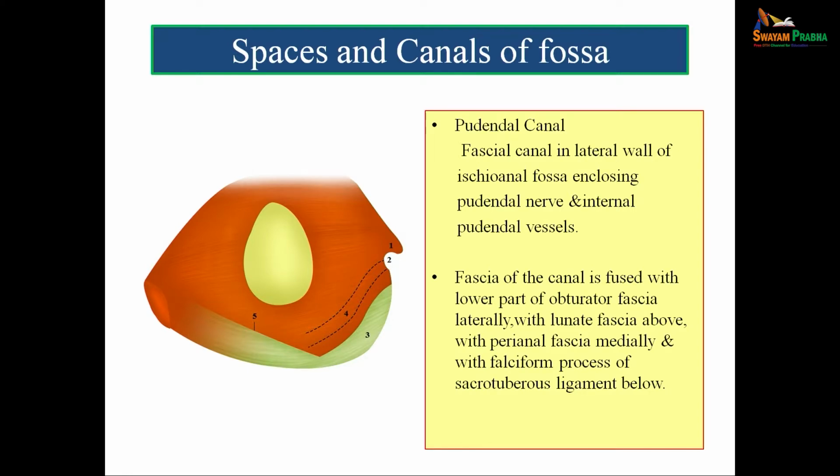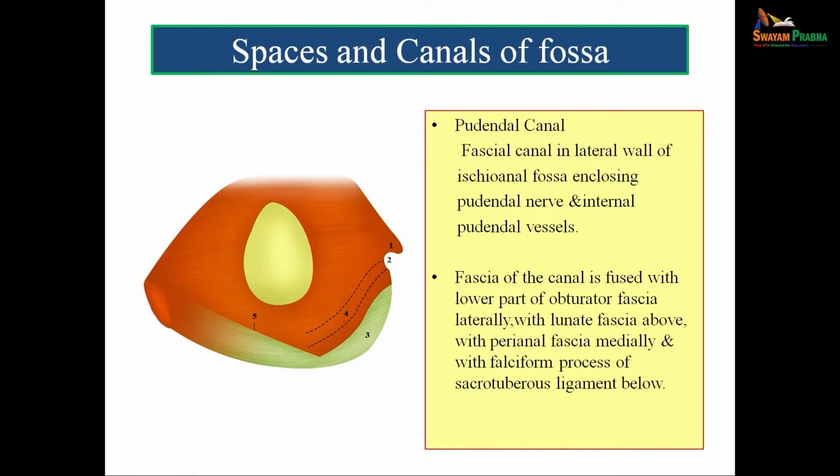In the figure, 1 represents the ischial spine, 2 represents the lesser sciatic notch, and 4 represents the pudendal canal. This pudendal canal lies in relation to the hip bone as seen in the figure, on the lateral aspect of the ischioanal fossa.